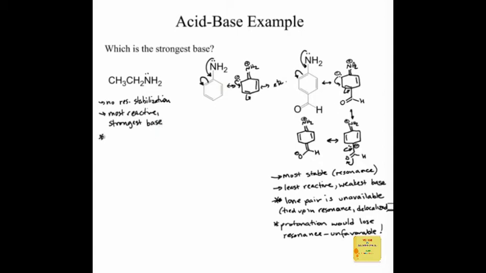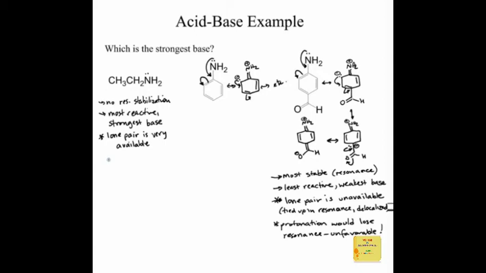The way we could describe this and compare it to the other ones is that the lone pair is very available. This lone pair has nothing better to do than to sit around and wait for an acid to react with, so that makes it a much stronger base.